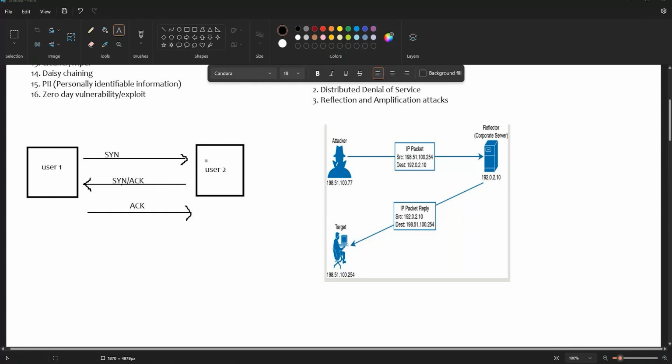Now, can I do one thing? Instead of sending the request to only one reflector, I can send the request to multiple reflectors so that this victim or this target will receive multiple copies of unexpected traffic.